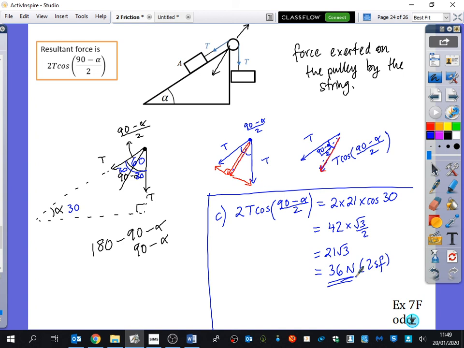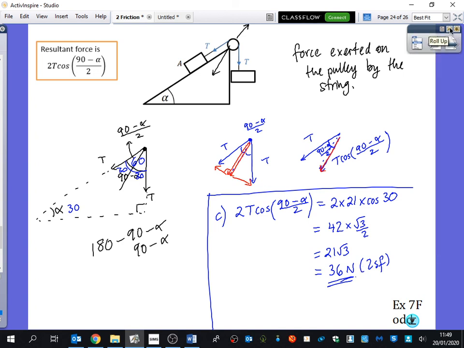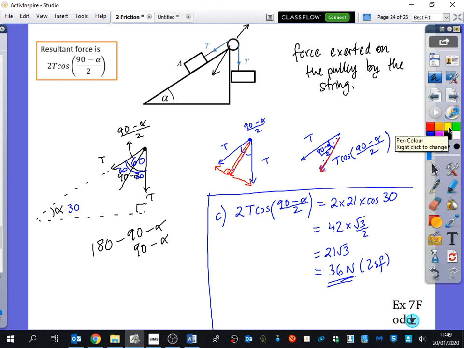There is one last thing that I'm going to talk to you about on this question. This force that we had here, and you can write all of this down, is the force exerted on the pulley by the string. Who thinks they might be able to describe what that force up there was? It's going to be exactly the same as what we just worked out and in the opposite direction, but what language do you think the question might use to describe that force?